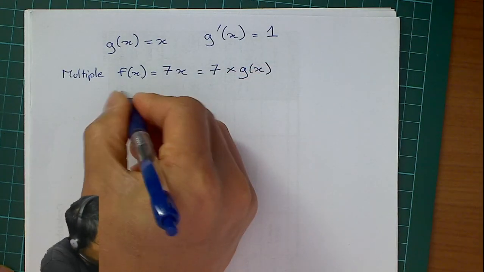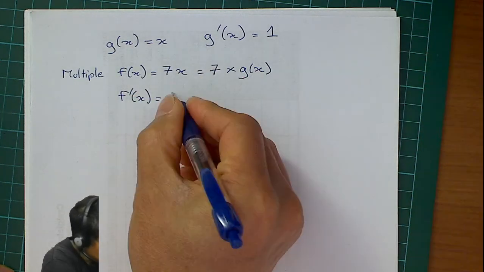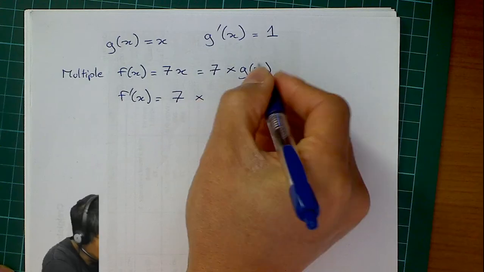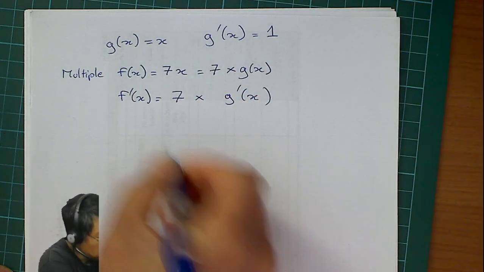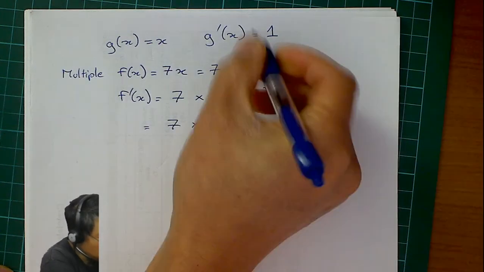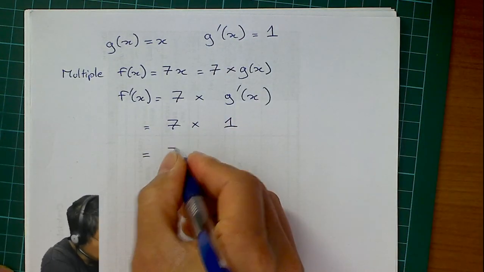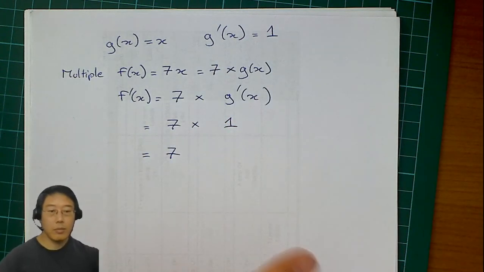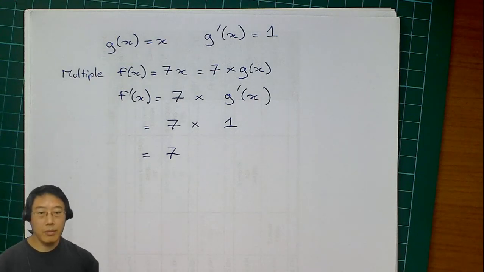Now the derivative of f, 7 is a constant, so 7 doesn't change, and you multiply by the derivative of g. Okay? So that will simplify. 7 doesn't change, g prime is up here, so that's going to be 1, so that equals 7. Does it make sense, Minerva?